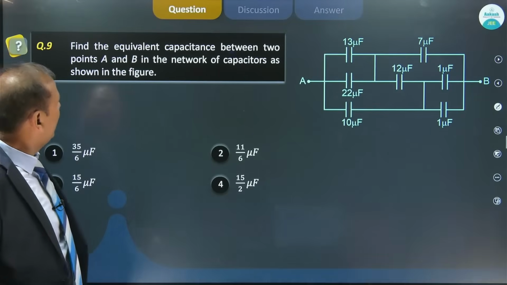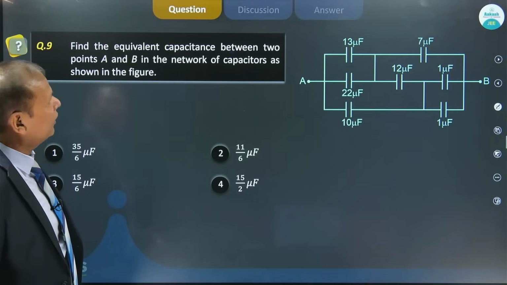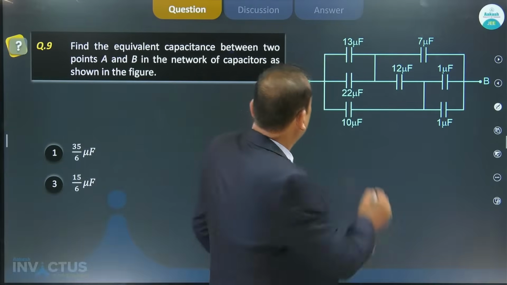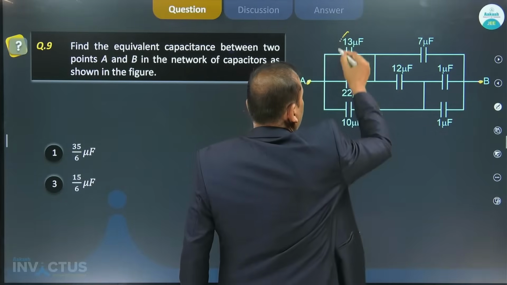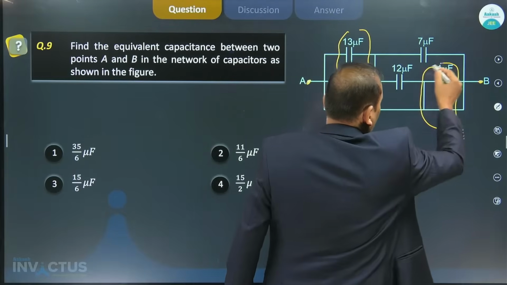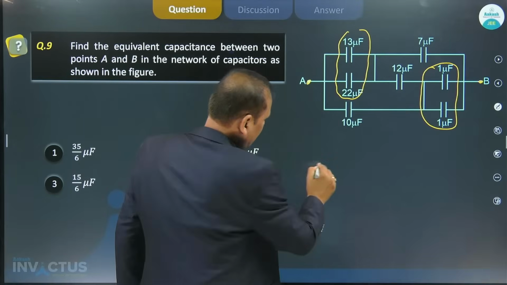This is a question. Find the equivalent capacitance between 2 points A and B in the network of capacitors as shown in the figure. Between 2 points A and B, you know that this is a parallel and this is a parallel. Just regroup, rearrange the thing.